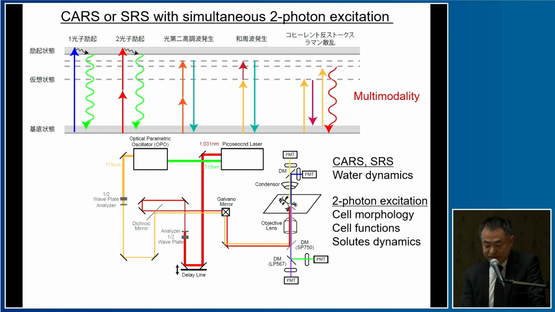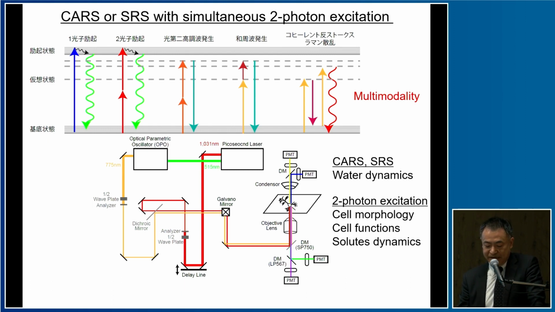The advantage of using this microscope is that we can visualize water and some fluorescent molecules, because if we carefully choose the wavelengths, this SRS microscope can be used as a 2 photon excitation. So we can visualize water dynamics and some solute molecules simultaneously.